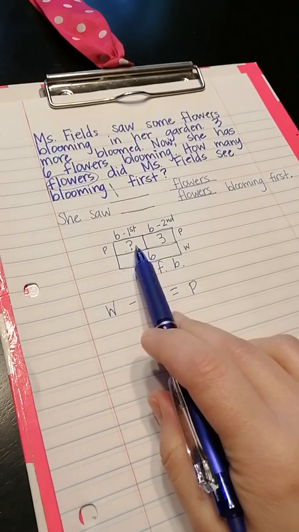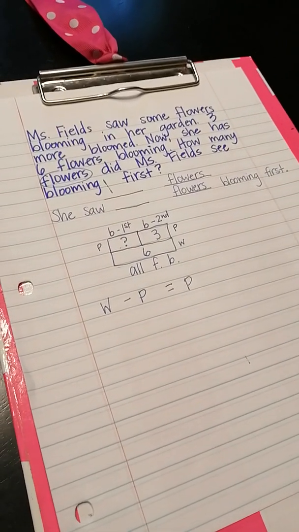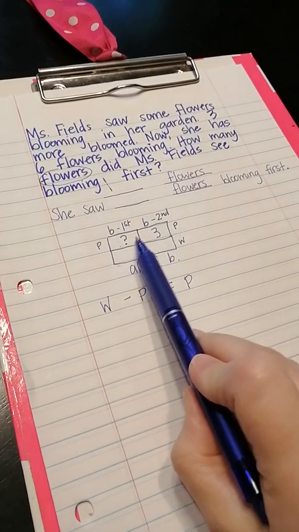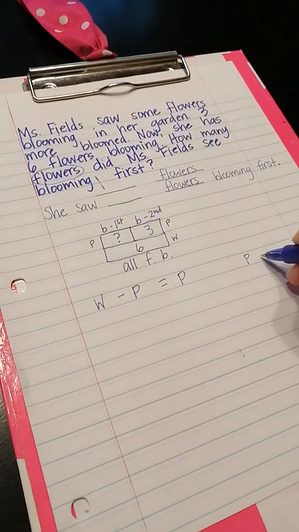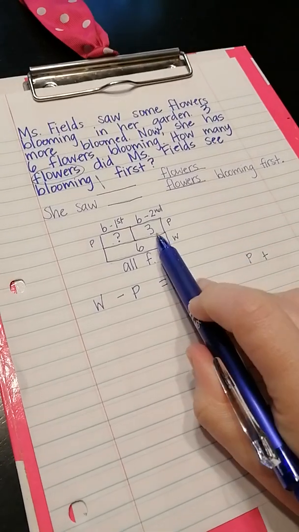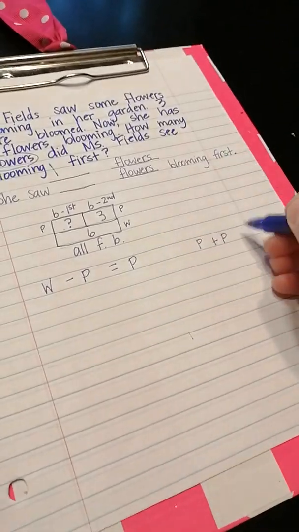I know that equals that other part. But I also know that my brain can work a little bit different, and I can see that these two parts put together, a part plus a part, that could equal the whole.